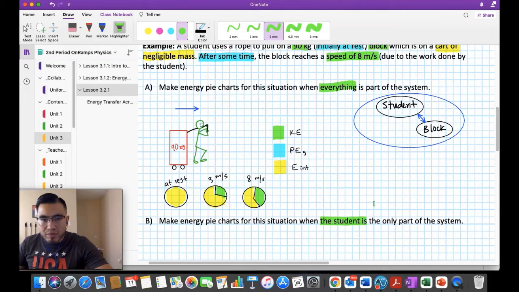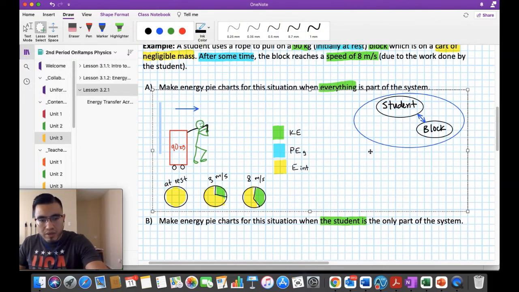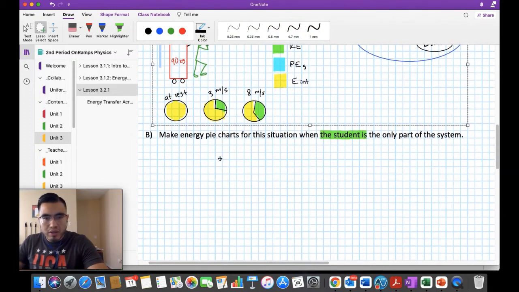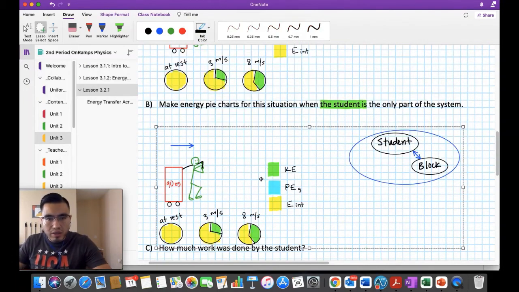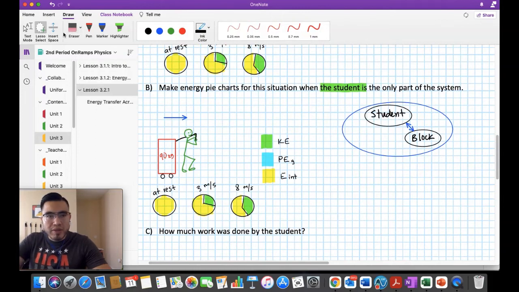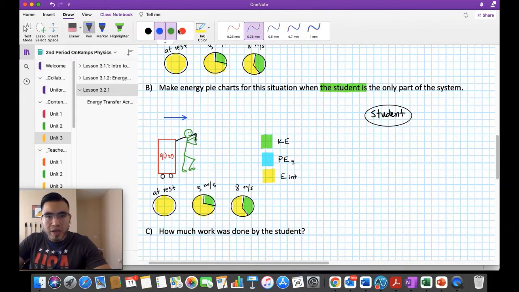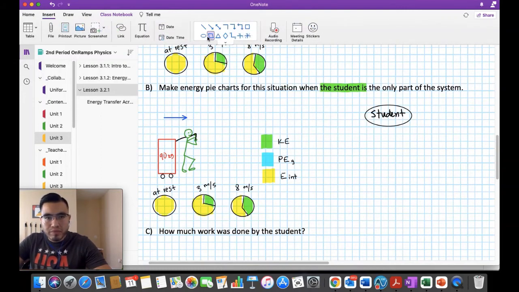Well, I'm going to copy this, right, for the sake of time. There you go. Now, if the student is the only part of the system, then I don't need the block. That's it. And I close the boundary. There you go. Boundary closed.